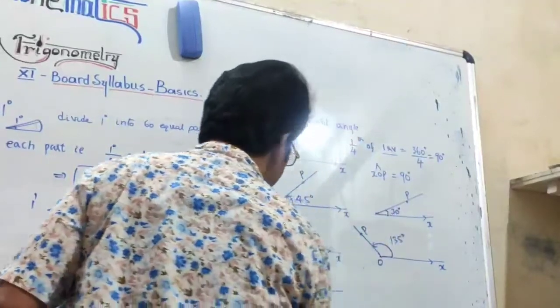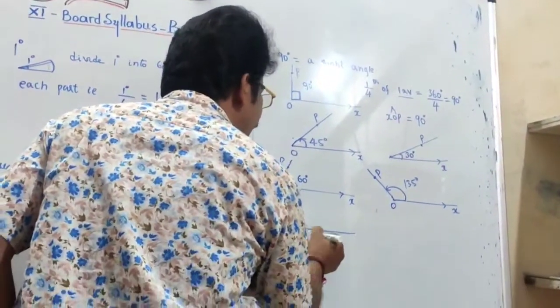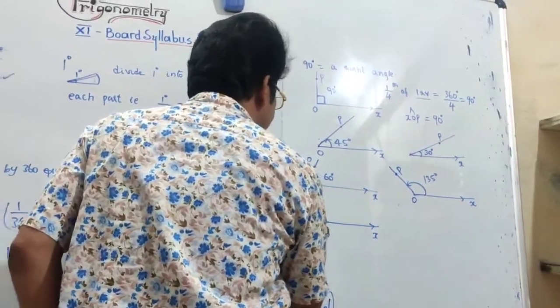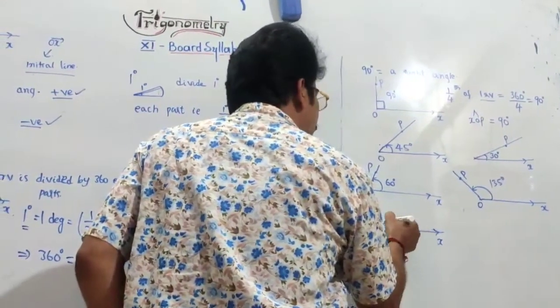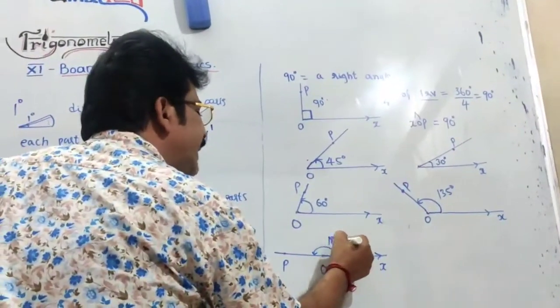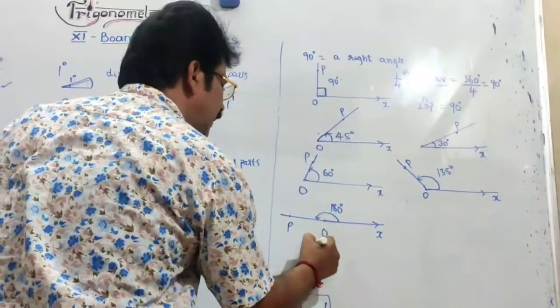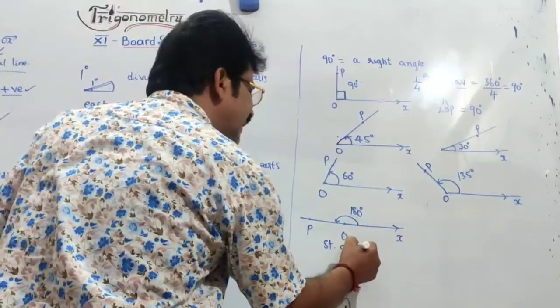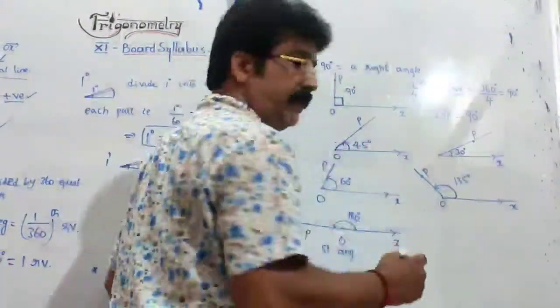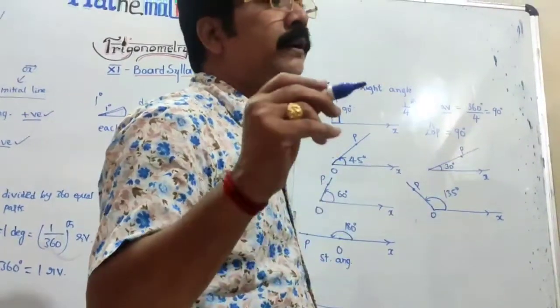For example, this is x, next this is capital P. So rotation is in positive direction. It is called 180 degrees, of course, the straight line angle. Later, 180 plus 45 is what? 225.